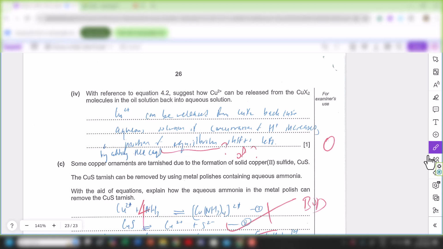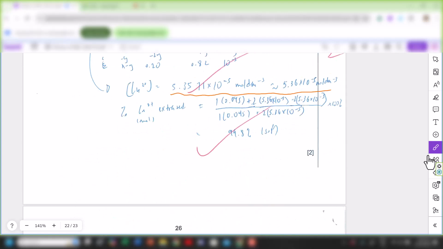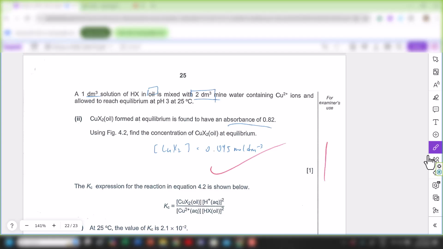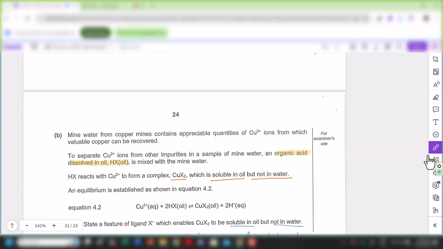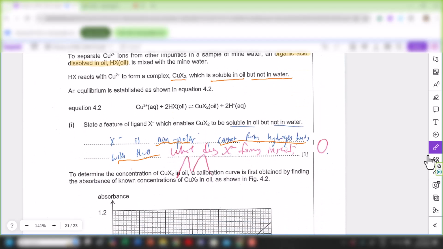Okay, part 4 asks you, with reference to 4.2, explain how copper 2 can be released. So again, you need to go back to 4.2. 4.2 is here. How can I release copper 2? You notice that there's only a simple way, because this is in oil.